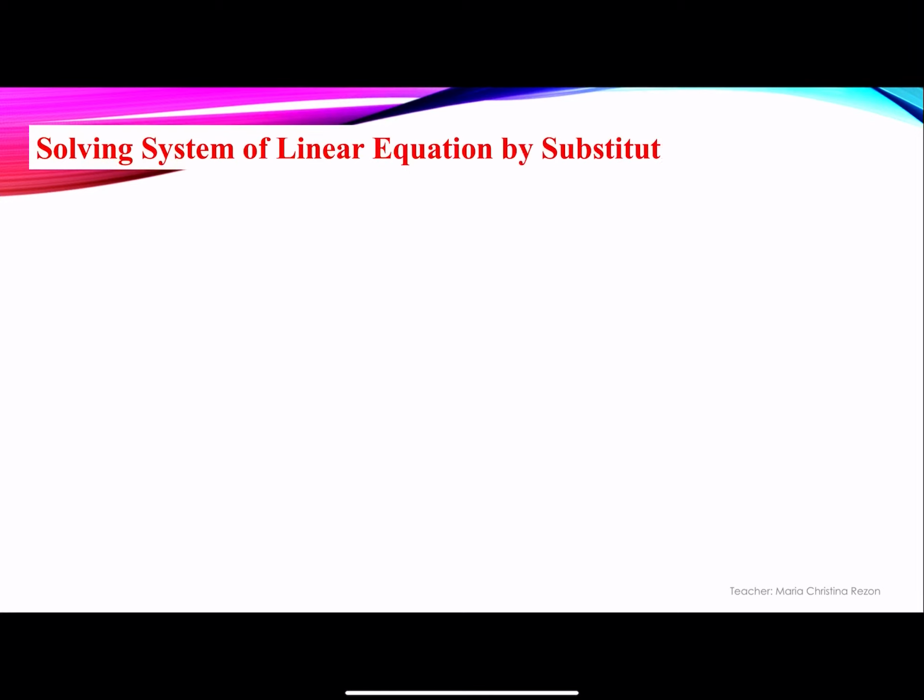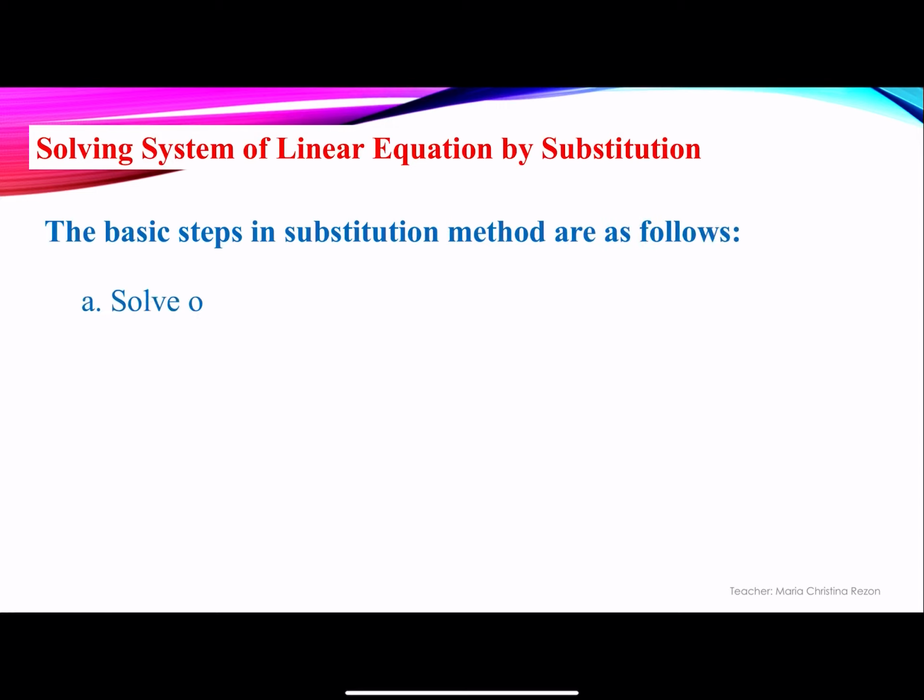Then let's have solving system of linear equations by substitution. So here are the basic steps in substitution method. So the first thing is solve one of the equations for one of its variables.